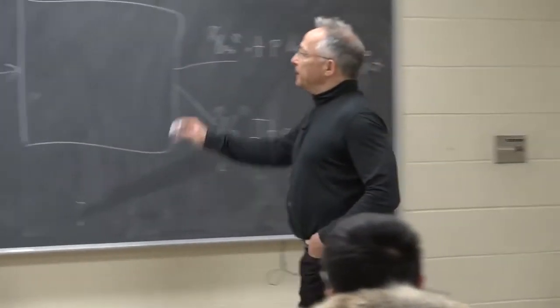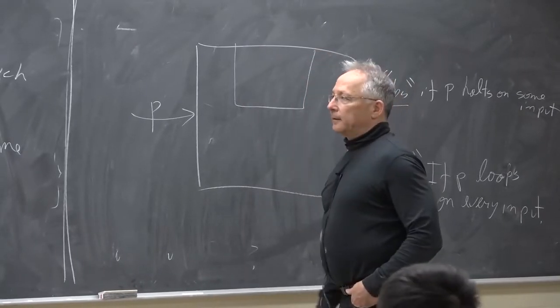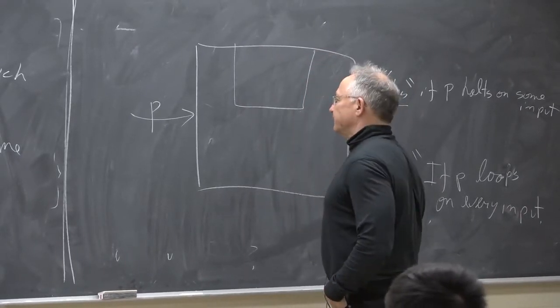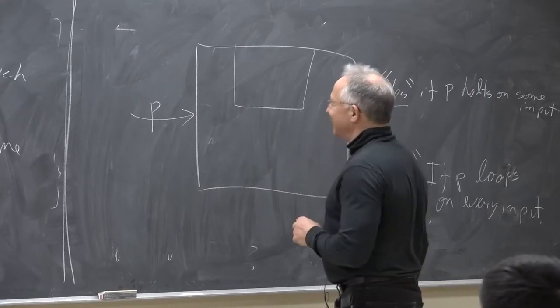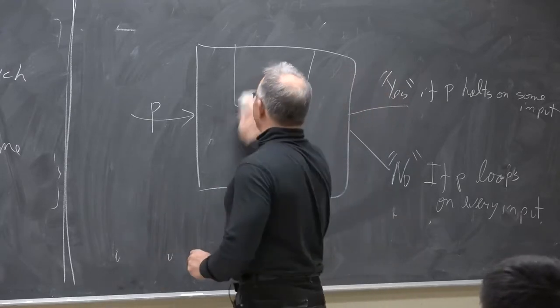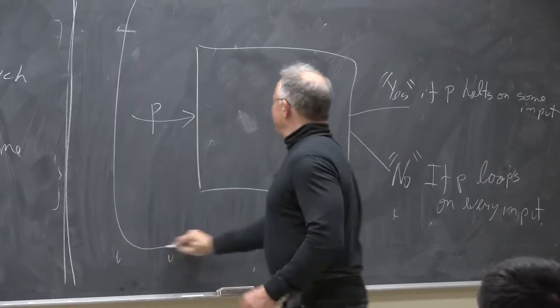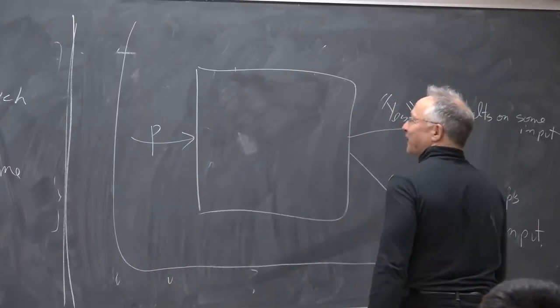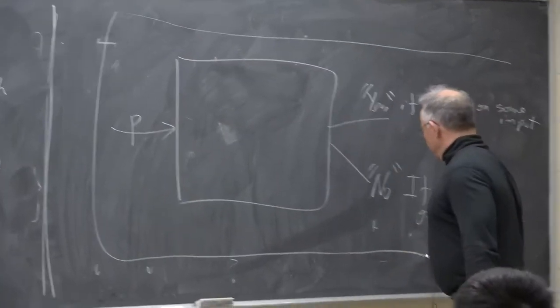And here I will use a subroutine. Oh, sorry, the other way around. So I'll use a subroutine. This is my P, so I don't have to rewrite it. So assume that I have such a P. I will use it as a subroutine in a bigger program. Just don't have enough space. Okay, I'll use it as a subroutine in a different program.